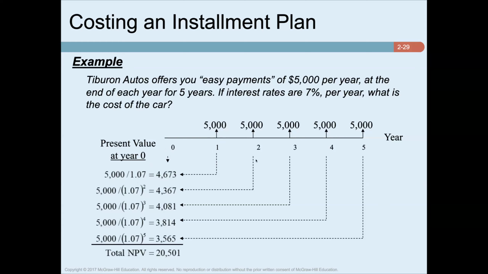Year two, you use this, it's 4,367. Year three, you pay 5,000, and so on for years 4 and 5. When you add it up, the present value of the car is 20,501. Is it worth it? We don't know. So that's that.